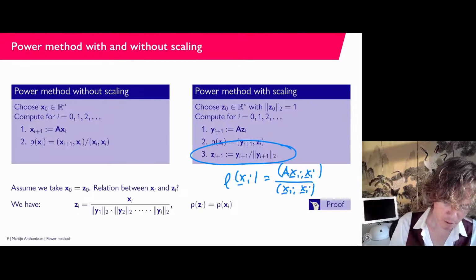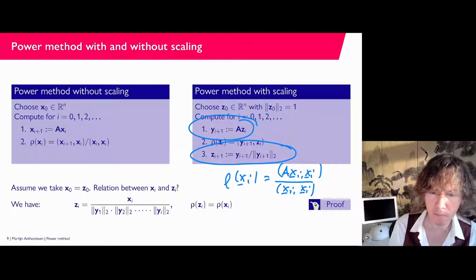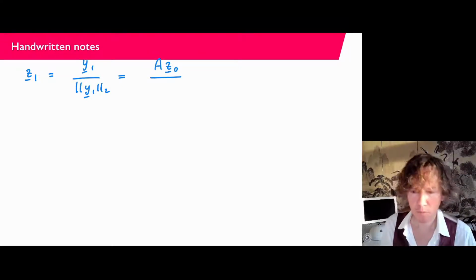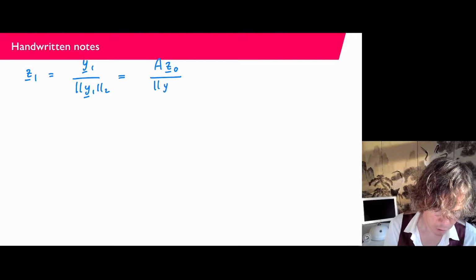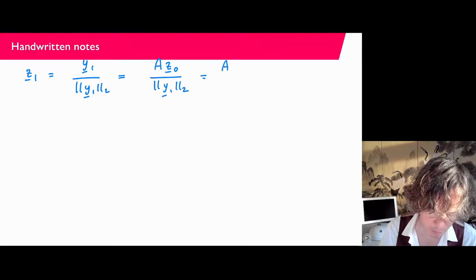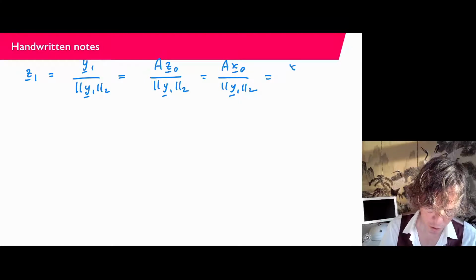And going back again, y1 is A applied to z0. So that is A z0 over, and let's just write here, the length of y1. We assume that z0 is the same as x0, so A x0 over that length. And this is precisely x1 over the length of y1.